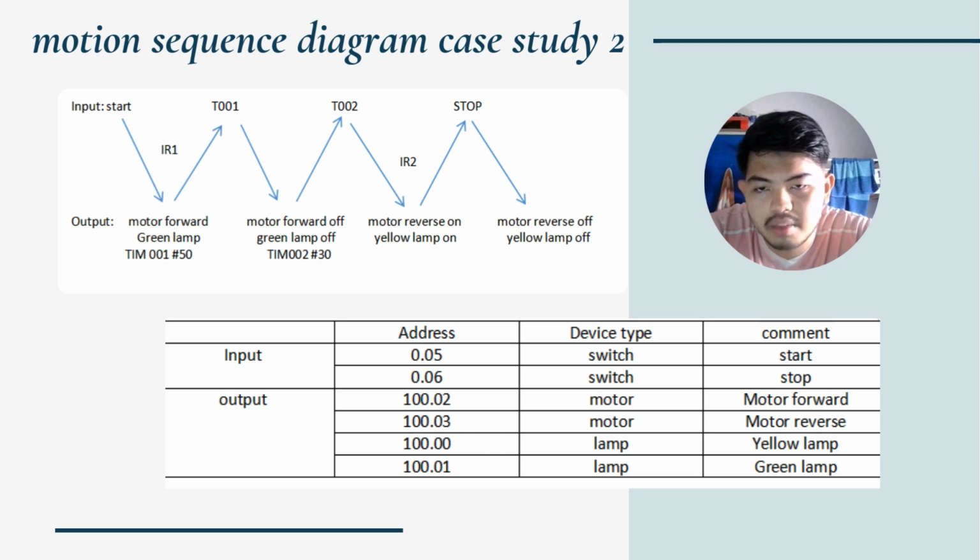At the same time, it will also trigger timer 2 for 3 seconds. The contact of timer 2 will make the motor reverse start and then the yellow lamp is on. When we press the stop button, motor reverse will be off and the yellow lamp will also be off. When we press the start button again, the motor forward and green lamp will be on again, and the same sequence follows.